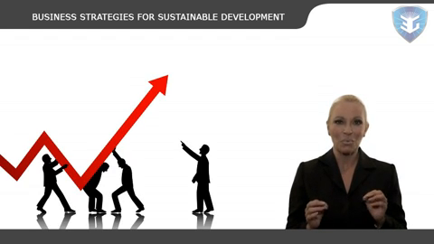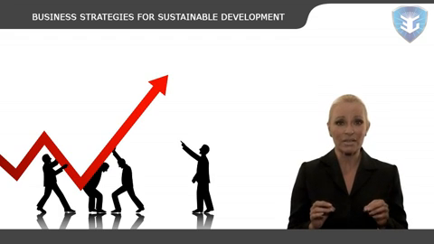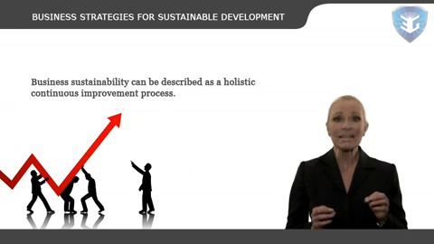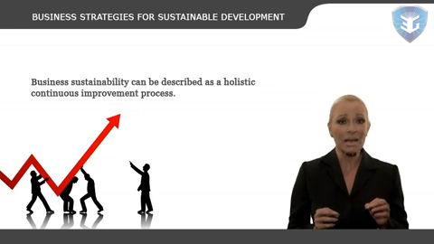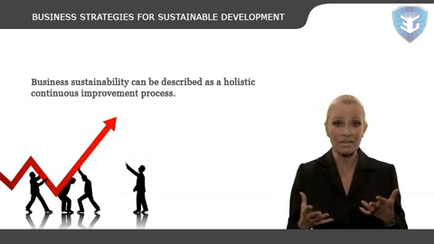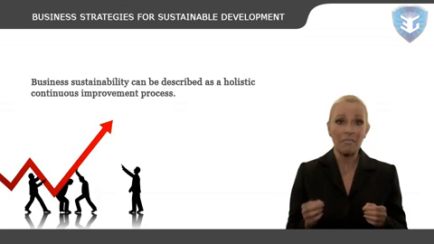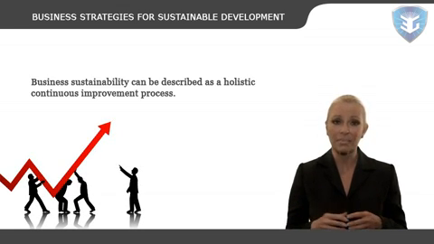Let's start with a brief introduction of business strategies for sustainable development. Business sustainability can be described as a holistic, continuous improvement process that includes the sound management of people and the environment.